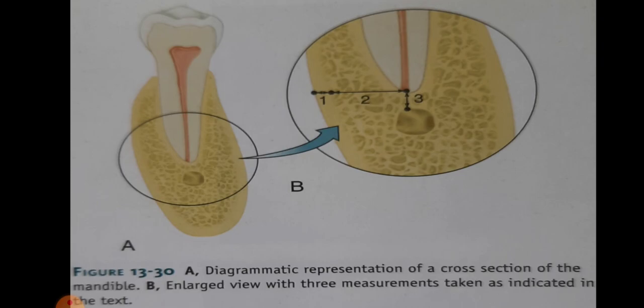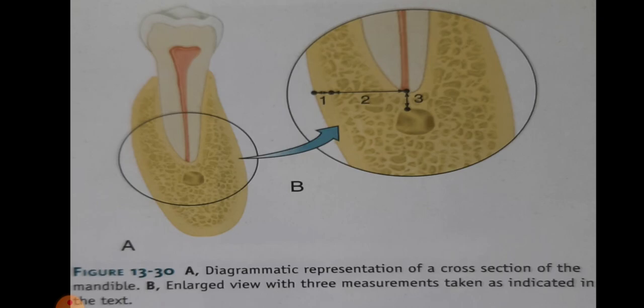Likewise, the mean vertical distance from the canal to the apex, B3 in figure 13.30, for the second premolar is 3.07 plus or minus 0.43 mm. For the first molar it is 4.03 plus or minus 0.31 mm.